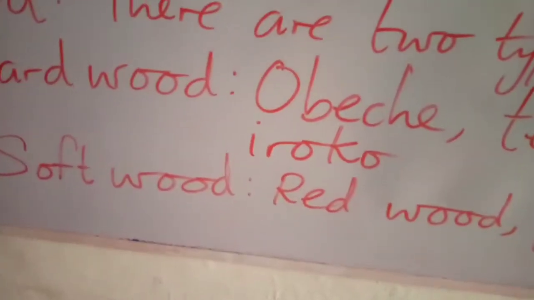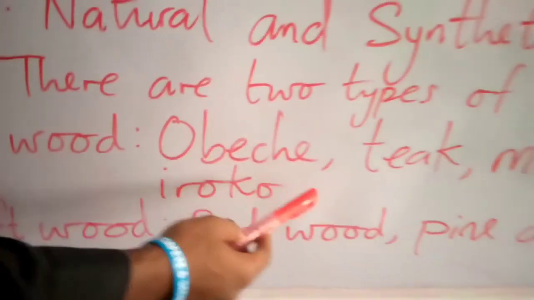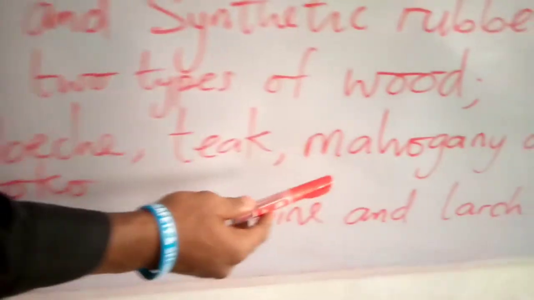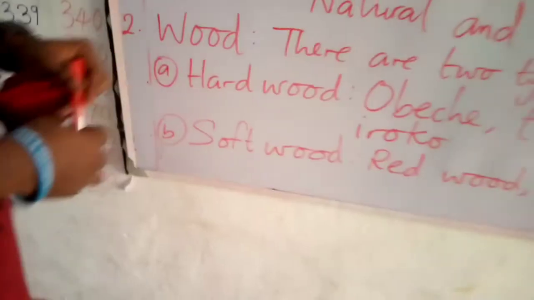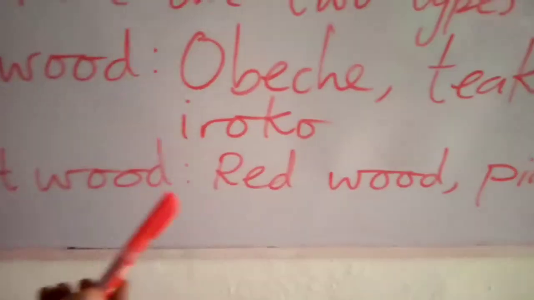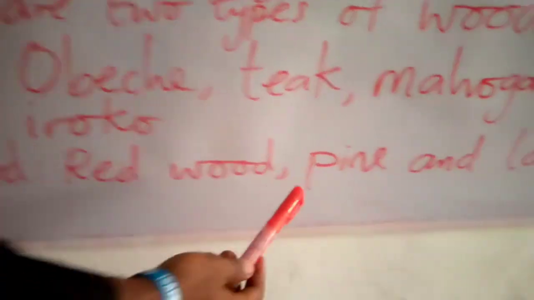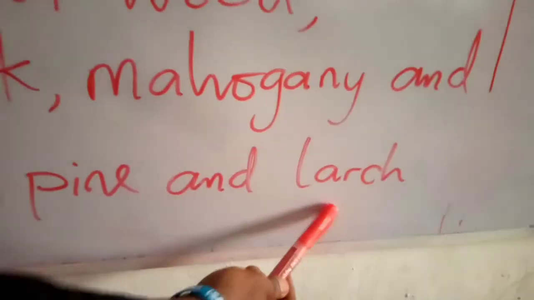I'll say it again: obeche, teak, mahogany, and iroko. Now softwoods include redwood, pine, and larch.